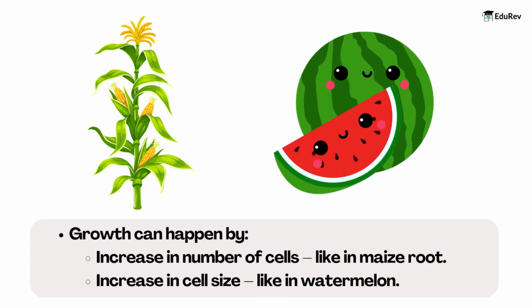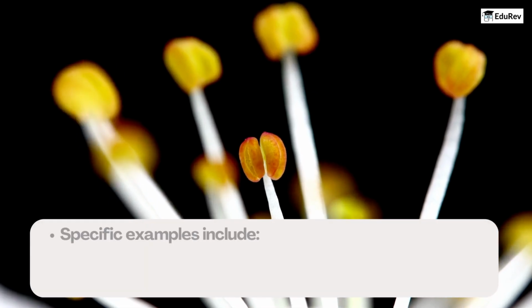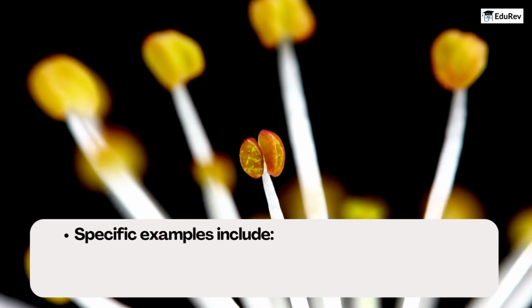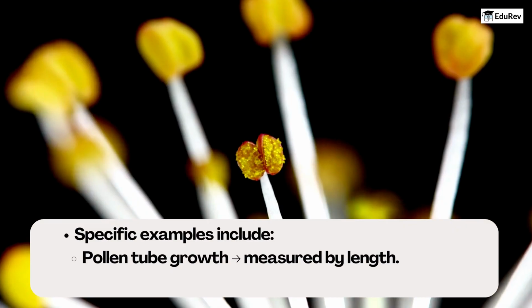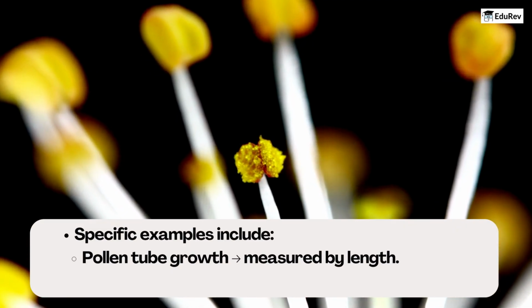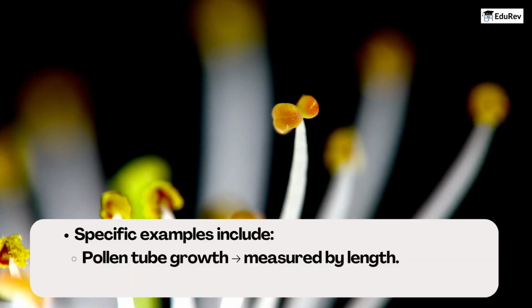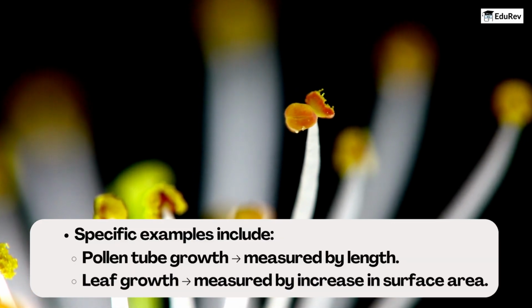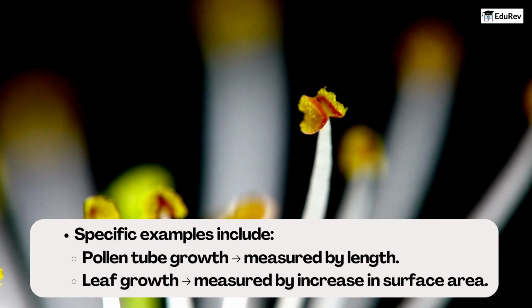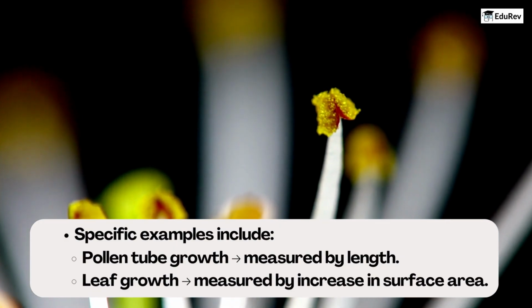A good example of this is seen in watermelon cells, which can become very large. Let's look at a few specific examples. The growth of a pollen tube is usually measured by its length as it extends during fertilization. On the other hand, leaf growth is measured by surface area as the leaf expands and spreads out.